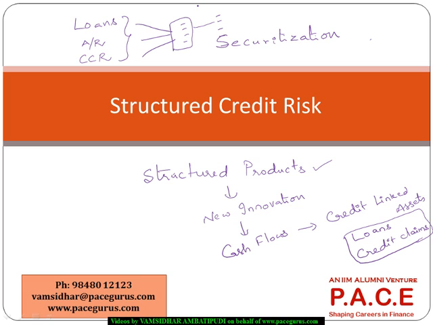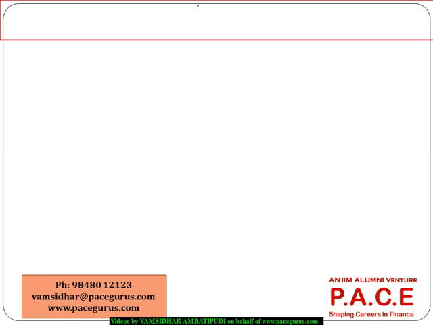Now, our intention is to understand what is the credit risk involved with these kind of products. So, to start with, we need to understand what are the various types of structured products available in the market today. Then we can look at how we address the credit risk in each one of them. So to start with, we are talking about covered bonds.